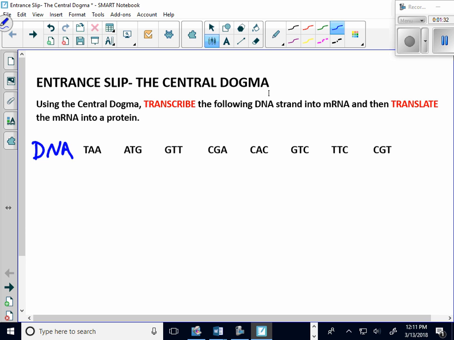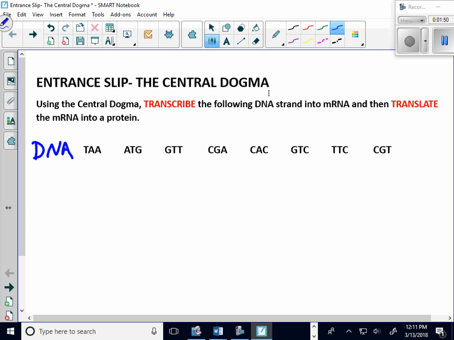And it is only half of the strand, right? It has already been split because in order to make RNA, the RNA has to duplicate off of the DNA. So it has already been split.